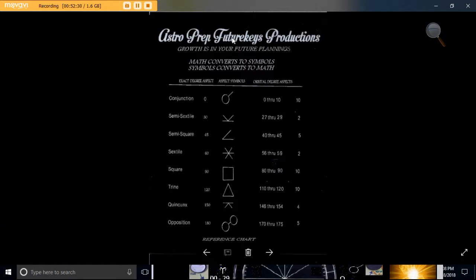Well, the planets do the same thing. They aspect each other. They come around in their cycles, and they enter a certain degree, kind of like in orb, but not as effective.